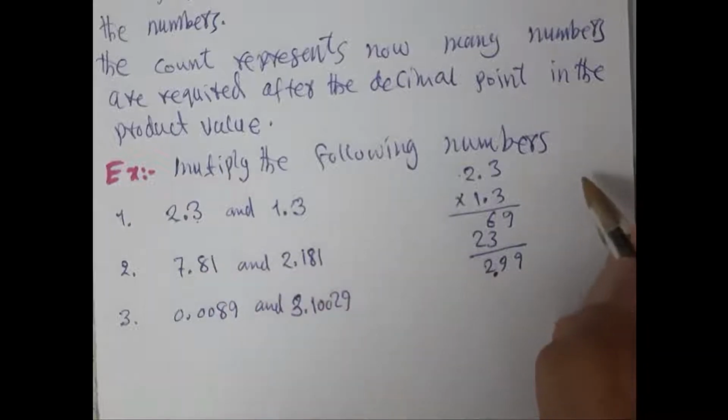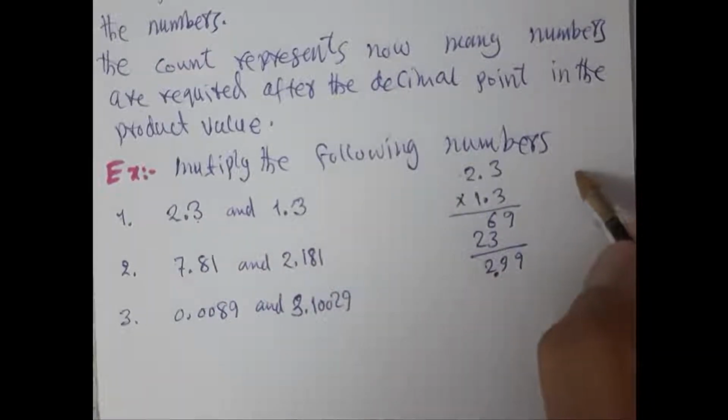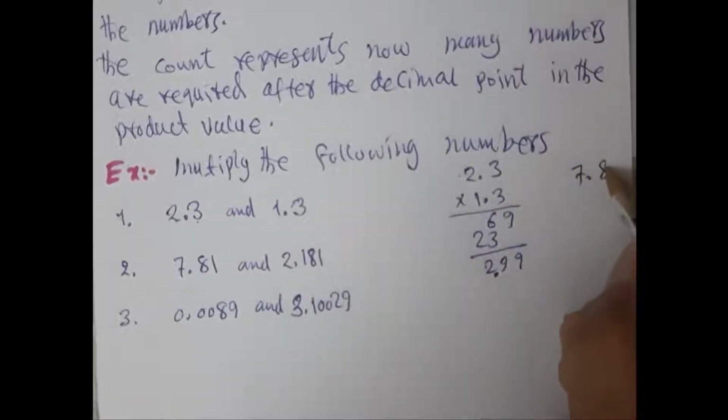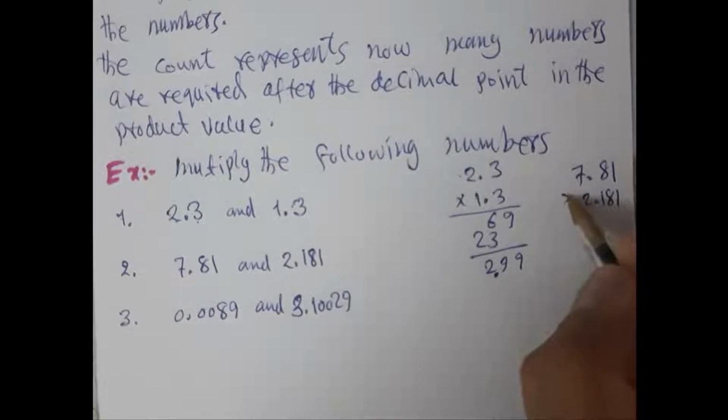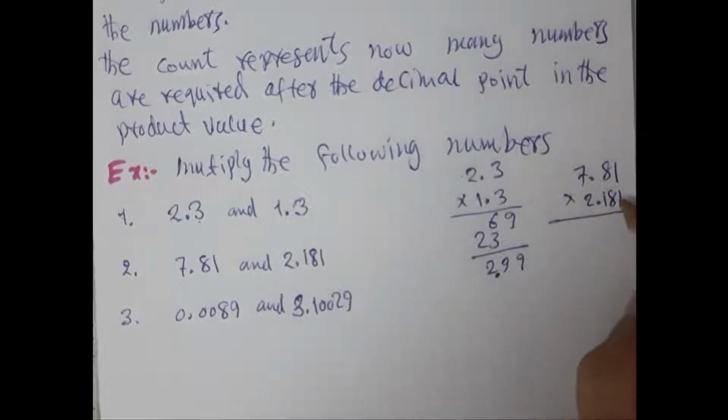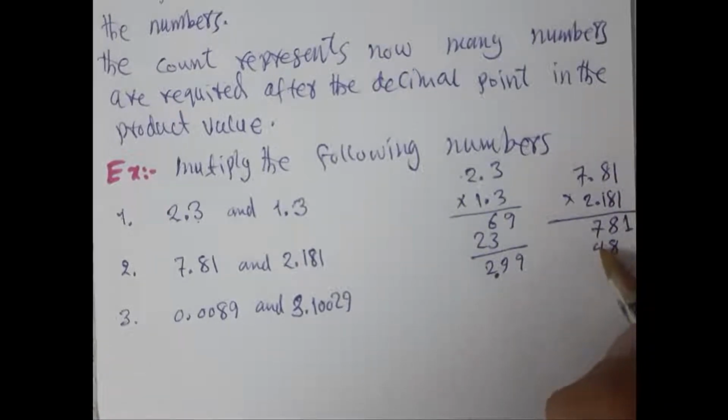Second question, we have 7.81 and 2.181. We multiply these two numbers. 1 times 1 is 1. 1 times 8 is 8. 1 times 7 is 7. 8 times 1 is 8. 8 times 8 is 64.